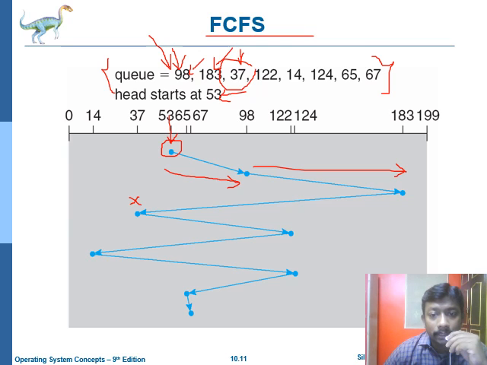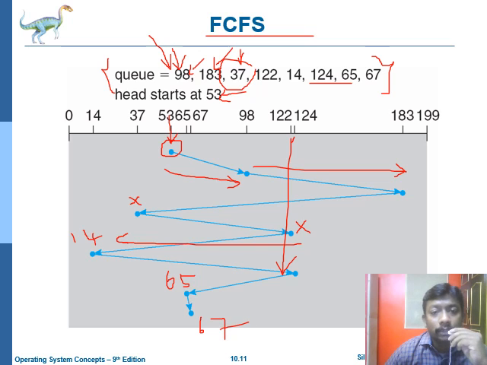From 37 it has to search for 122, and from 122 it has to search for 14. From 14 it has to search for 124, from 124 for 65, and from 65 for 67. This is how the first come first serve scheduling algorithm works.